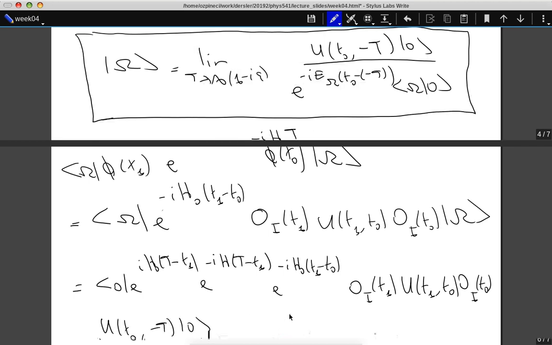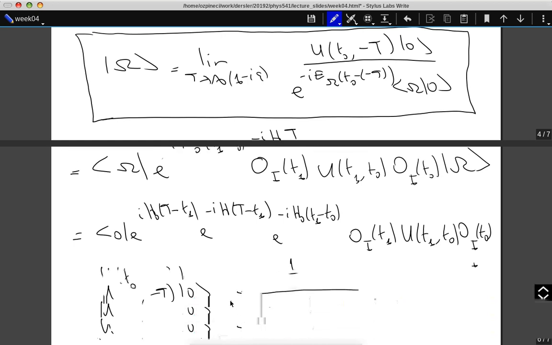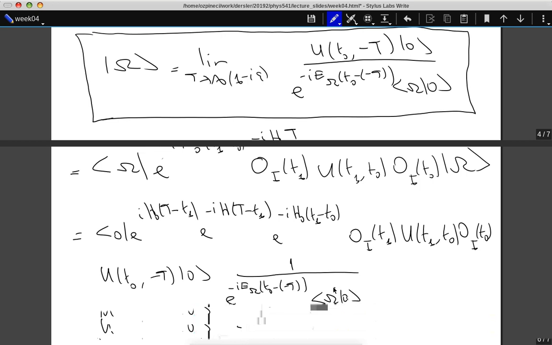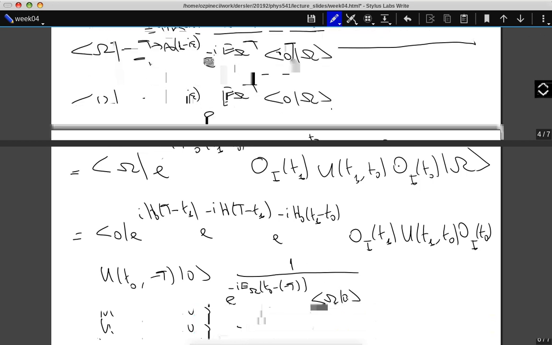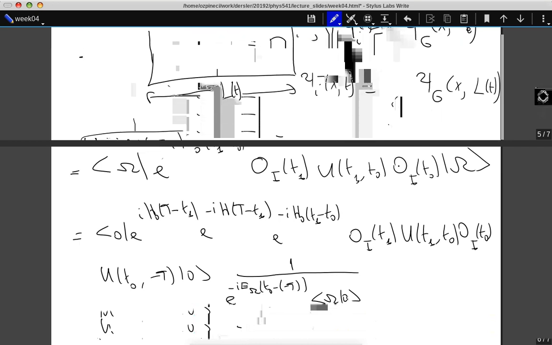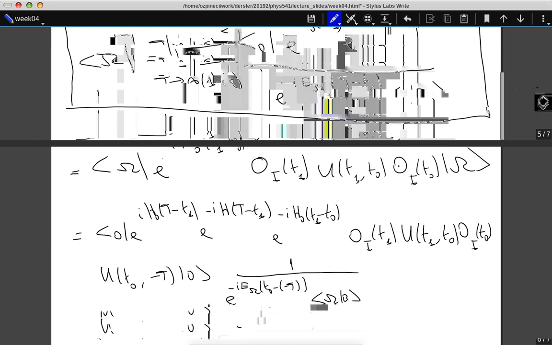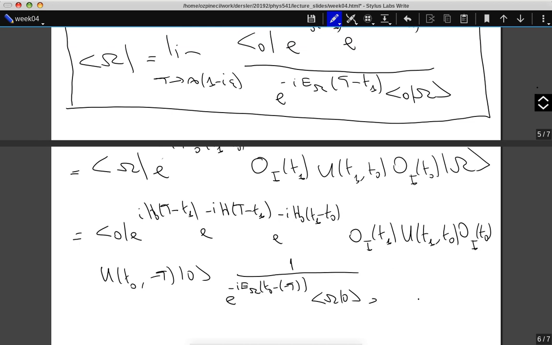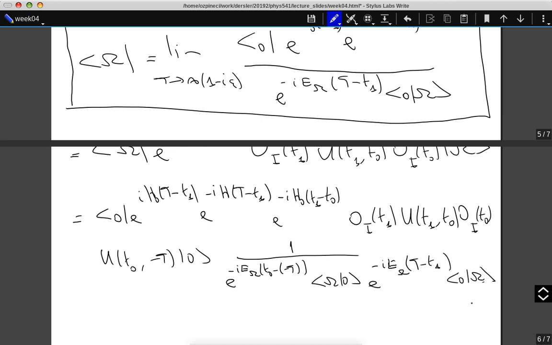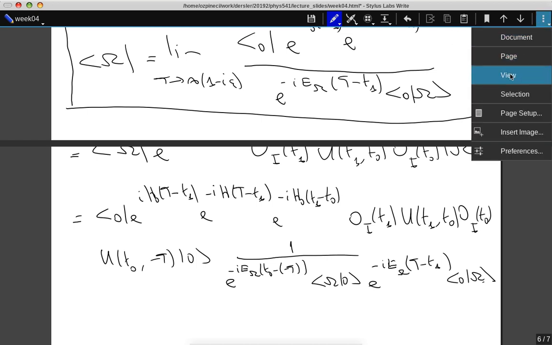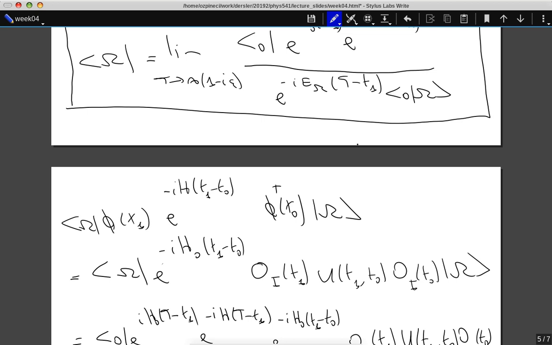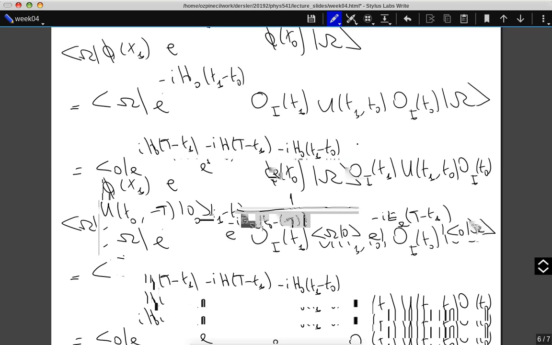And I have in the numerator 1 over e to the power minus i E_Omega (t0 minus t), the overlap of Omega with 0. And I also have from the bra e to the power minus i E_Omega (t minus t1). So this is the complete expression I have.